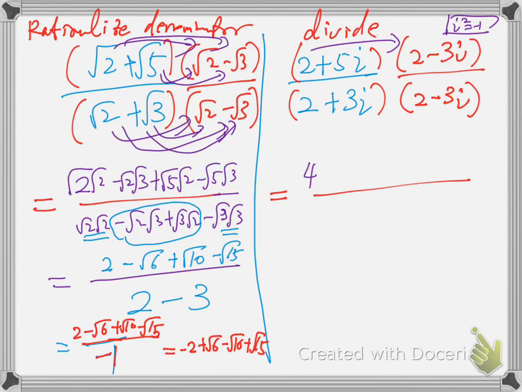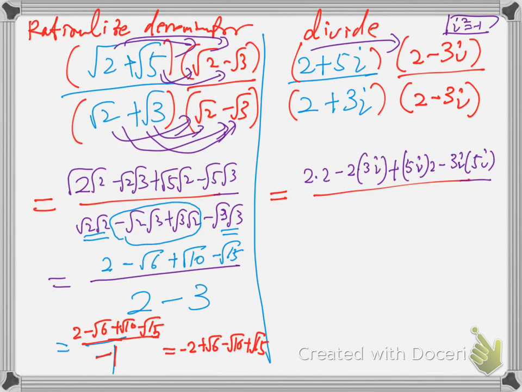Let's rewrite it. Let's write down the product, one more step. 2 times 2 minus 2 times 3i plus 5i times 2 minus 3i times 5i. Okay, that's the numerator.